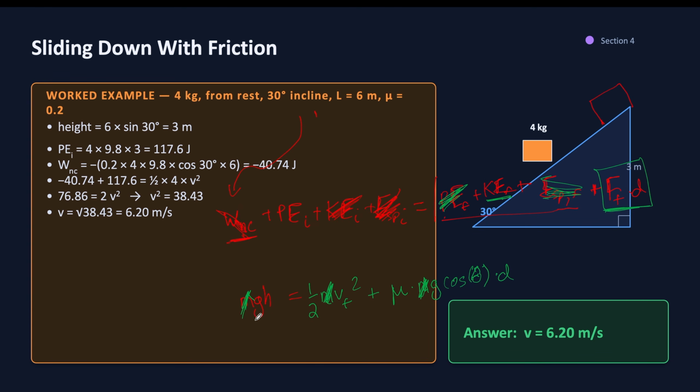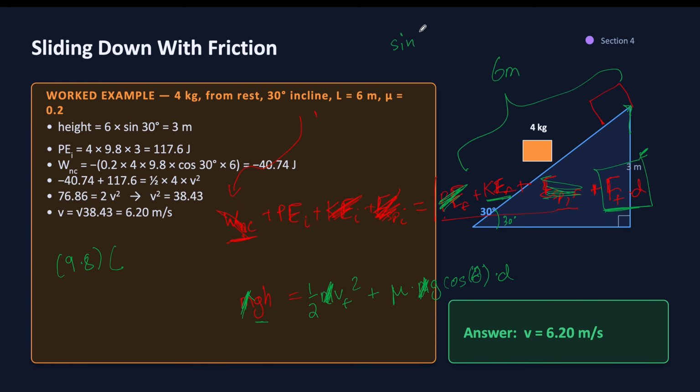So this is what? 9.8 times h. So we have a 30-degree angle here, okay? Which means this has to be 3 meters. Or, okay, so this is something you need to keep in mind, okay? If you're given just the length, which is 6 meters, how would you find this height? Well, if you think about it as a vector, right, it's L times sine of 30. That's the height, right?